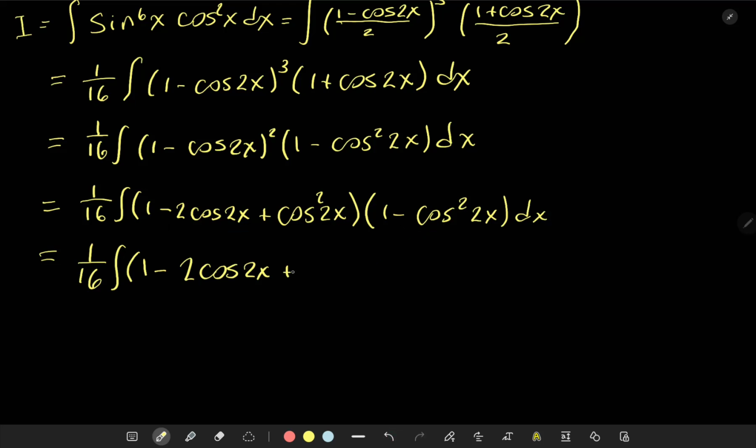Just trying to keep track of the coefficients. So plus 2 cosine cubed of 2x. Now cosine cubed I can address in the way we did the odd powers, cosine squared as well. The 1 is just integrating, but the last one is going to be a minus cosine to the 4th of 2x, all of it dx.